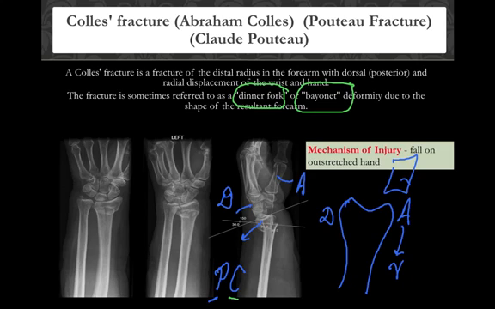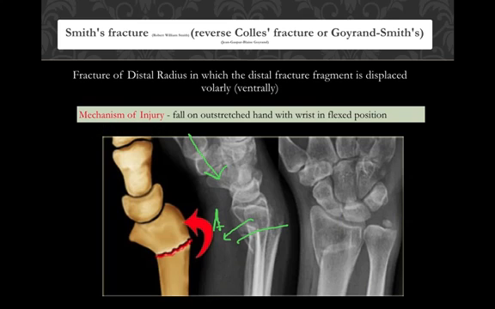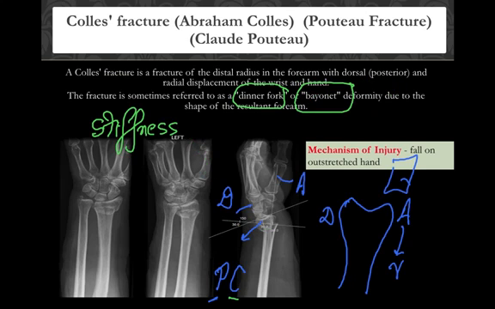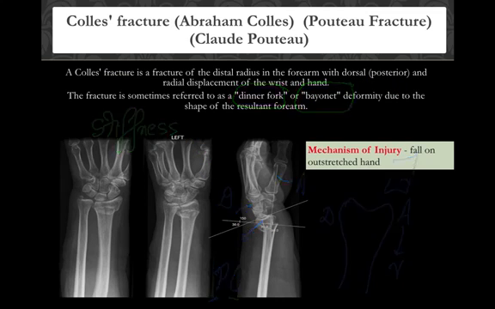But remember, the most common complication of a Colles fracture is stiffness of the fingers, whereas the Smith fracture leads to the deformity called garden spade deformity. So Colles, dinner fork deformity; Smith, garden spade deformity.